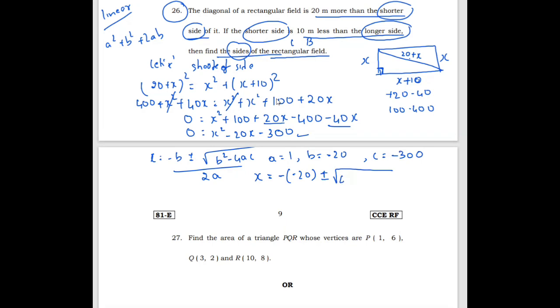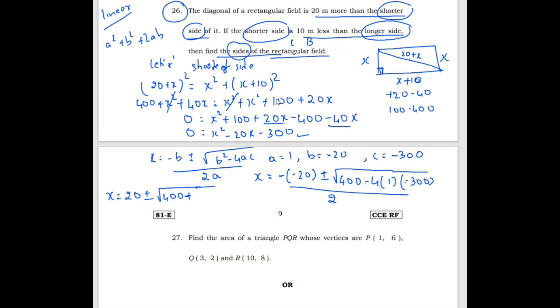It is 400 minus 4, a is 1 and c is minus 300, divided by 2a. 2 into 1 is 2 itself. Now if you simplify, x equal to minus into minus is plus. So 20 plus or minus square root of 400, minus into minus here becomes plus.